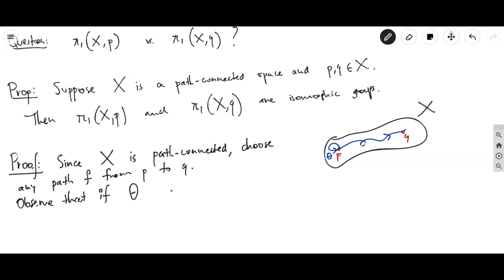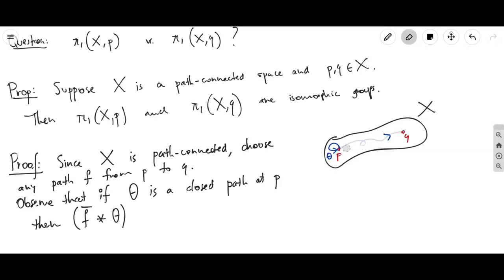Observe that if theta is a closed path at P, then here's how you can get a closed path at Q. You're first going to go from Q to P by using the reverse of F, then you will juxtapose with theta, and then you will flow back by F again. Then this is a closed path at Q.